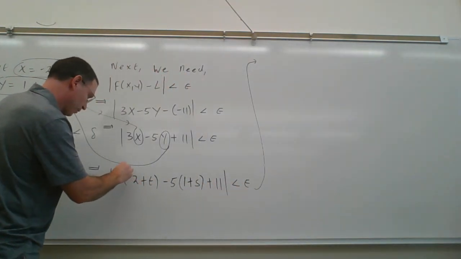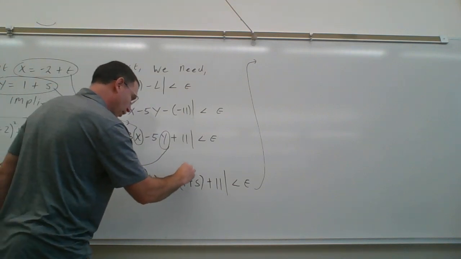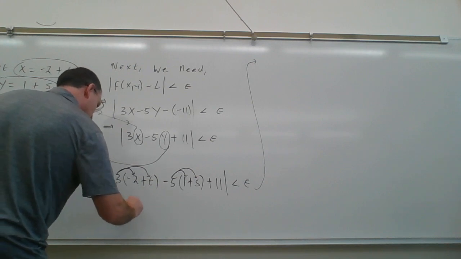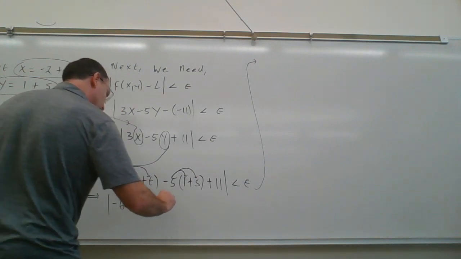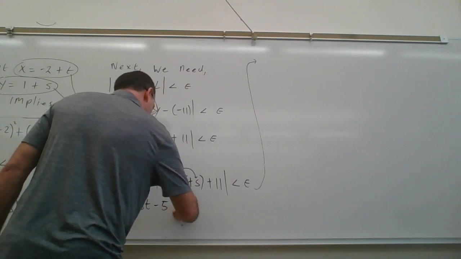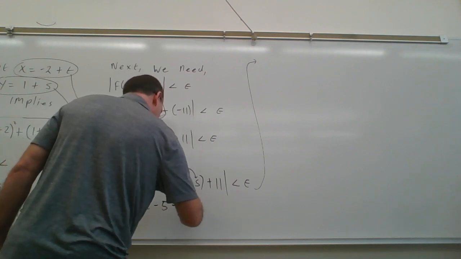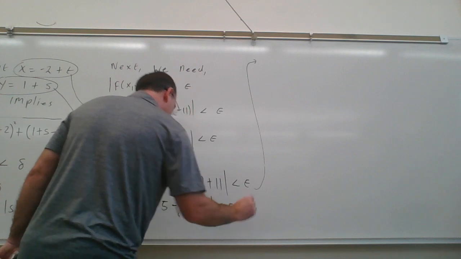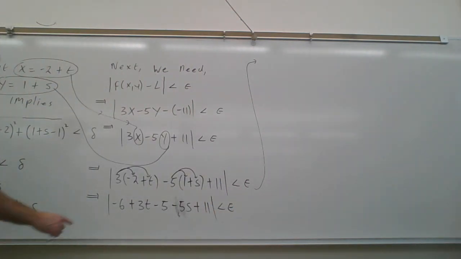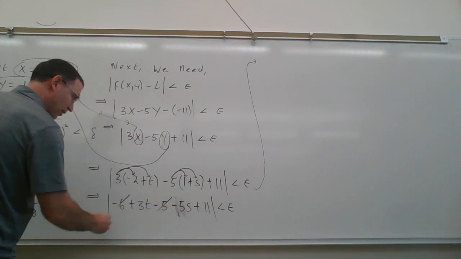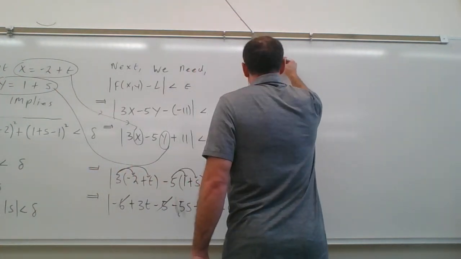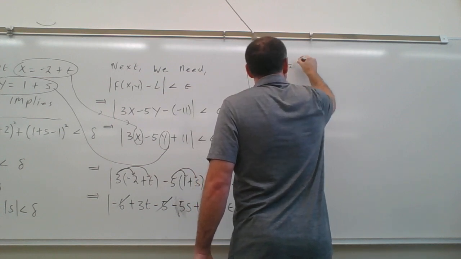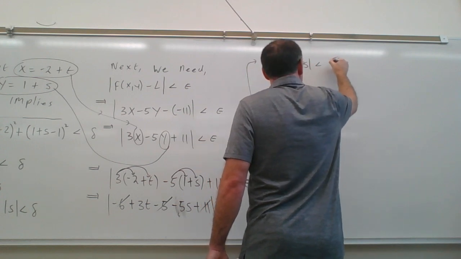Multiplying this in, and multiplying this in, we'll get minus 6 plus 3t minus 5 minus 5s, plus 11 less than epsilon. And you can see the minus 6, the minus 5 and the 11 will cancel. So we get the absolute value of 3t minus 5s less than epsilon.